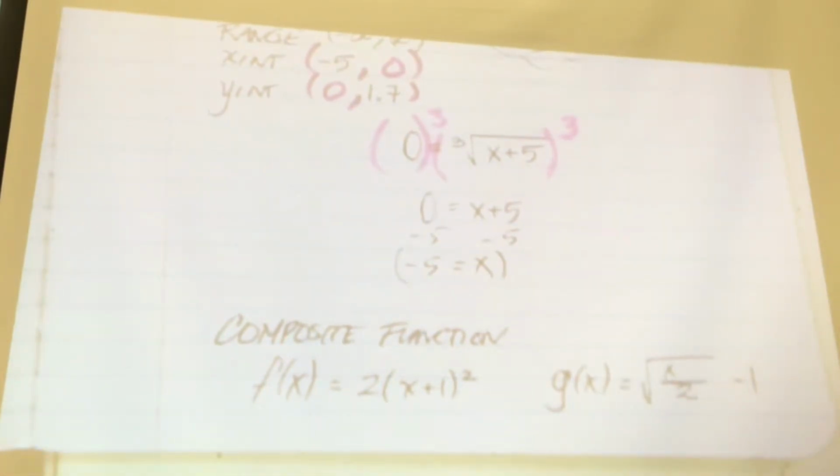How do you prove that they're inverses? Plug f into g and g into f, and how can you check? If they're equal to x. But how can you check using a table? They should be switched, right?